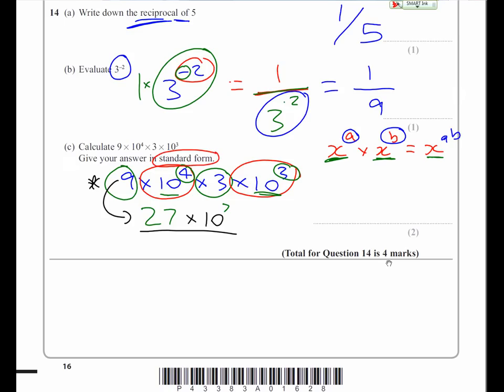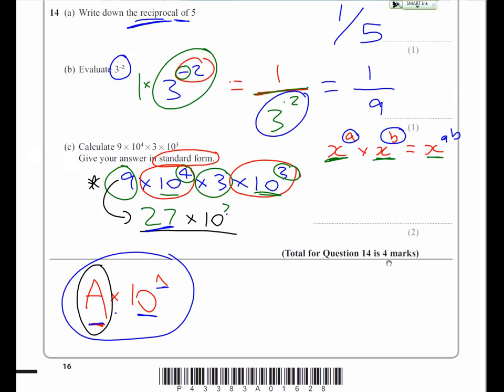If you want your second mark, you have to know what standard form is. Standard form is any number between 1 and 10 times by 10 to the power of a whole number. So we want it in this form. At the minute, it's nearly there because it's something times 10 to the power of a whole number. However, what did I say about A? A has to be between 1 and 10. 27 isn't between 1 and 10.